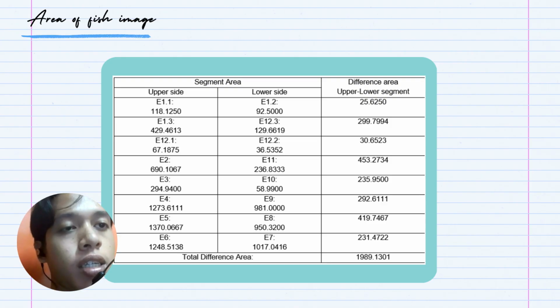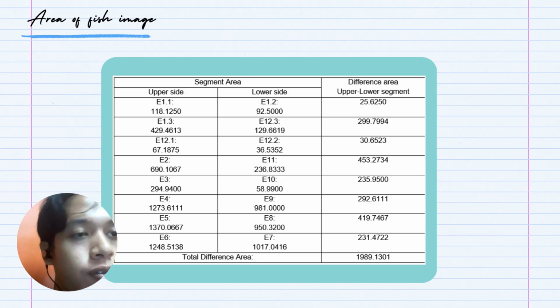Just like 1.1 and 1.2 is for the upper mouth of the fish. 1.3 with 12.3 is from the back of the head of the fish. And the others are for all other parts of the fish. And the total area that we got for the fish image is 1989.1301.